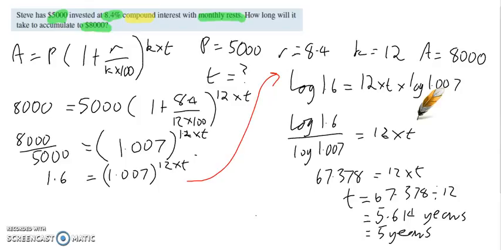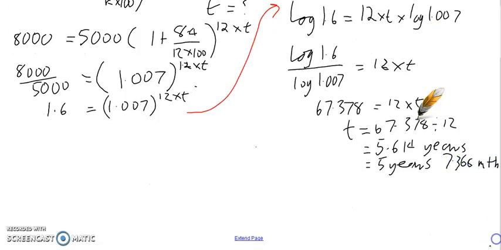So 0.614 times 12, and we get 7.368 months. Now you could keep going and make this even more and more accurate if you wanted to, because you could do the 0.368. But this method, if you understand it, is much quicker because you just type the information in, get an answer, you don't have to worry about trial and error. So that's the end of compound interest.